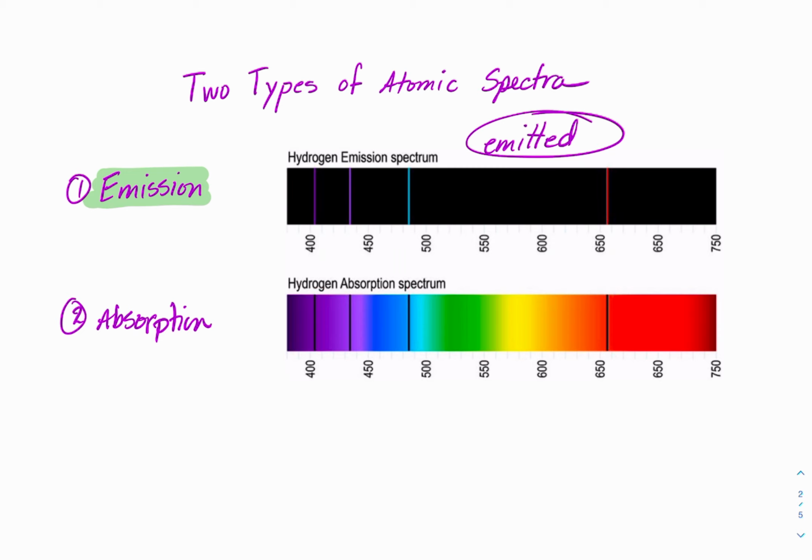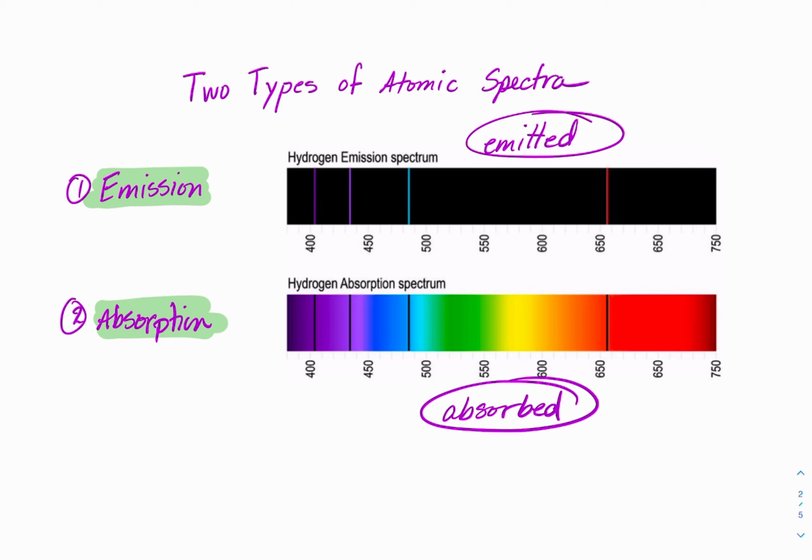And the other kind of spectrum is called an absorption spectrum. The absorption spectrum should be the exact opposite of an emission spectrum. These are the wavelengths of light that are absorbed by that element and not emitted.